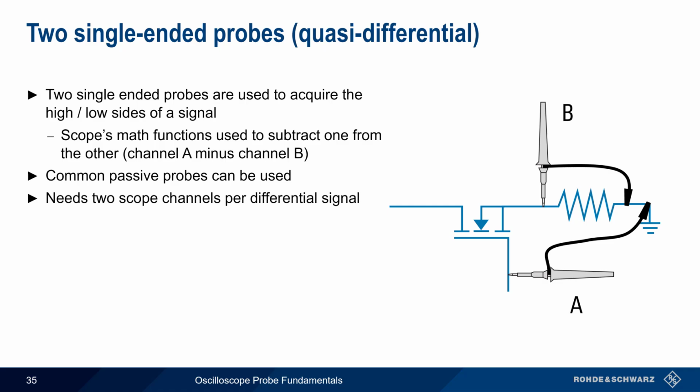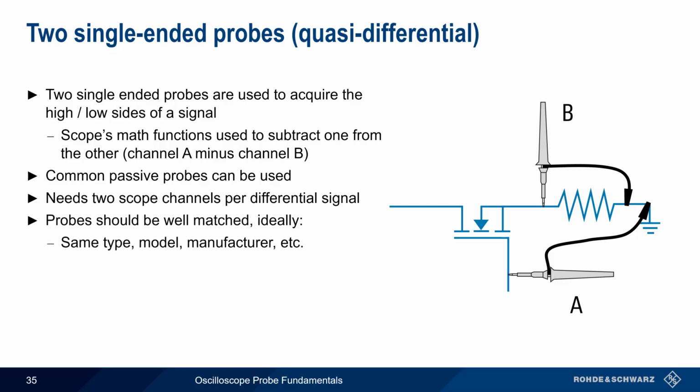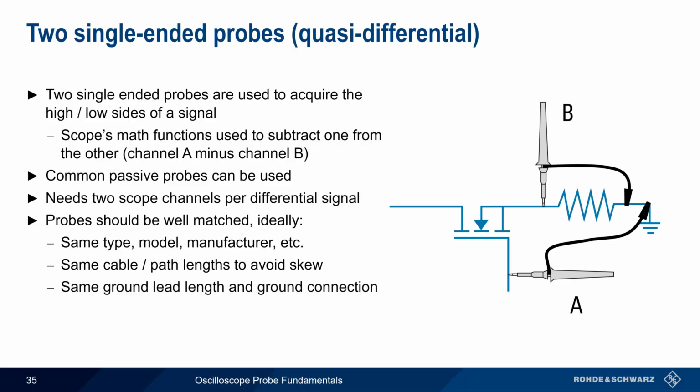For best accuracy, it's also important that the probes be well matched. That is, both probes should be the same type and model, they should have the same cable or path lengths, and the ground lead length and ground connection should also be the same for both probes.